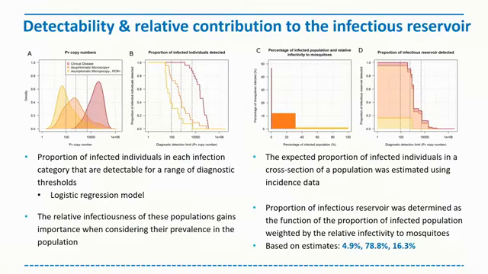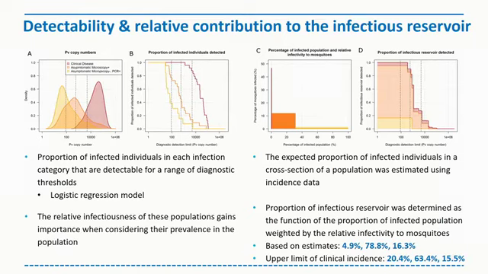So based on the estimates, the symptomatic individuals contribute only 5% of the infectious reservoir, but most of the infection is coming from the asymptomatic individuals, even if they contribute less in the case of P. vivax, owing to their high prevalence among the community.